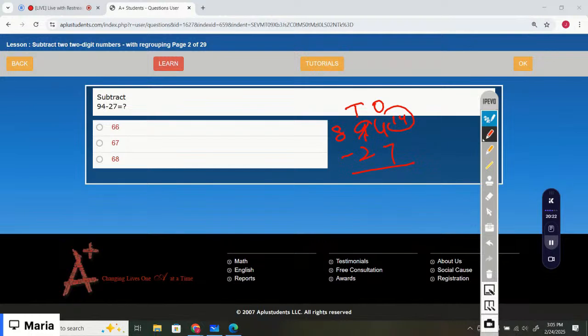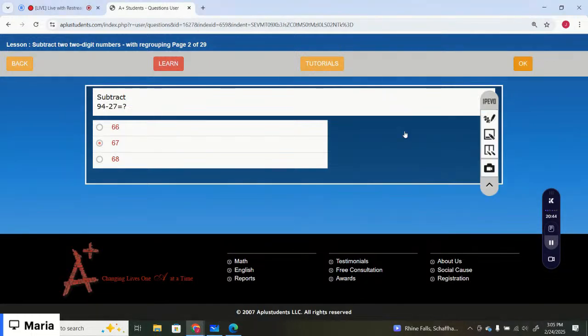So 14 take away 7 is 7. So 8 take away 2 is 6. That is 67. Option number 2 is the correct option.